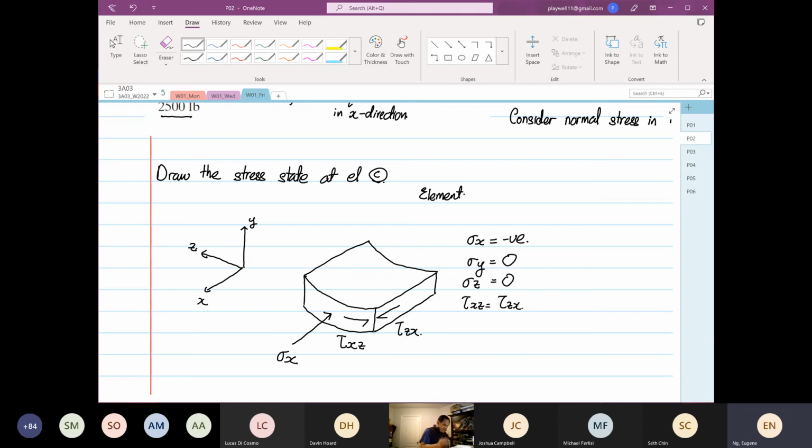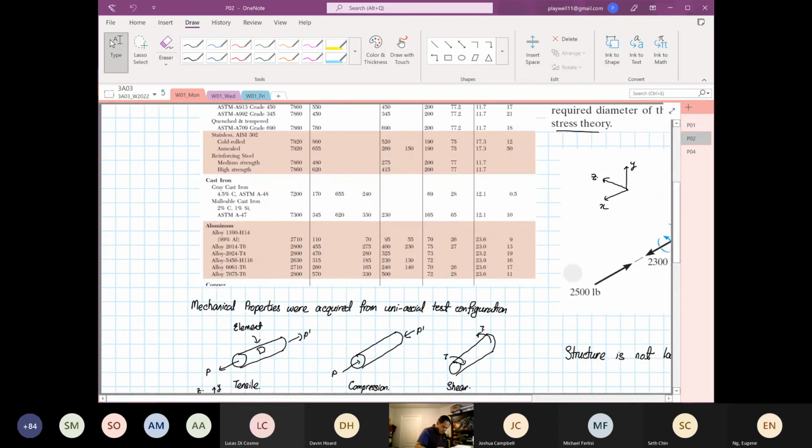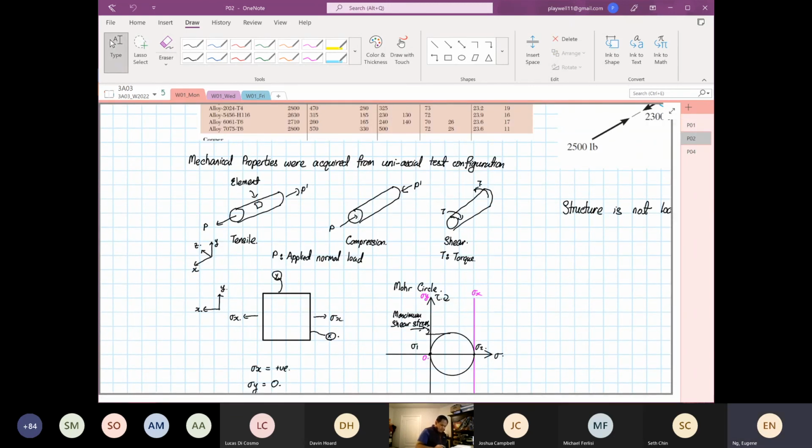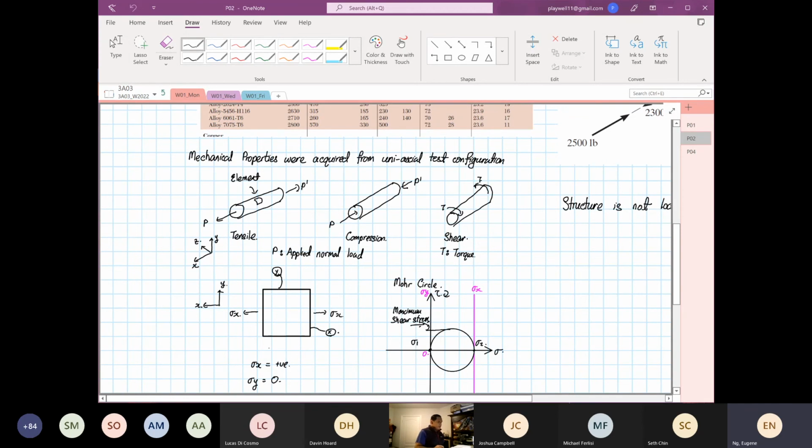Now you'll see where the commonality comes in. If we go back to week number 1, what is common between this element and the element that we acquire from material properties? When they construct that table, they also got it from an element.